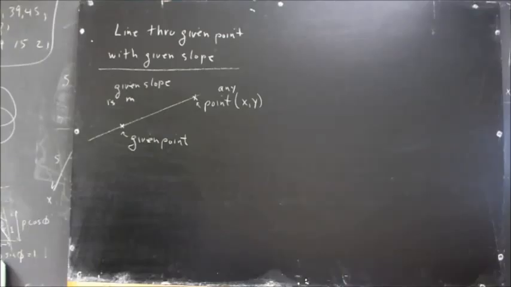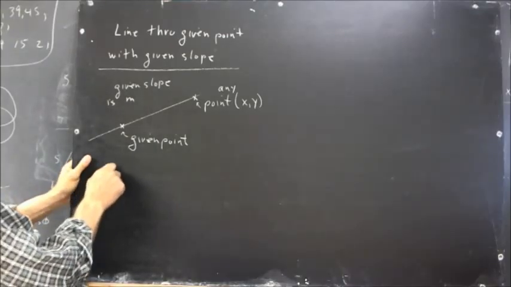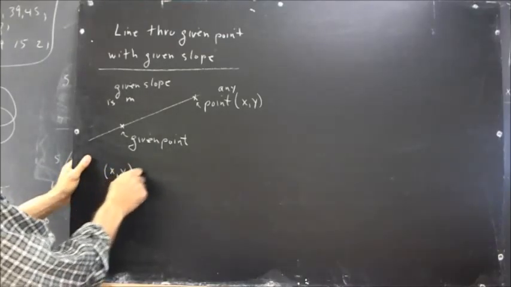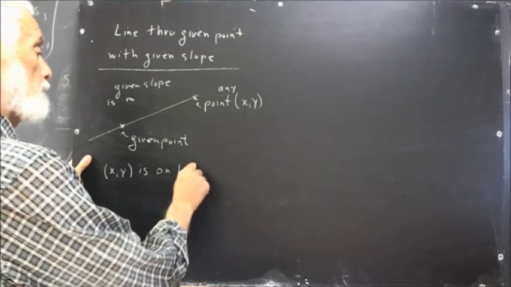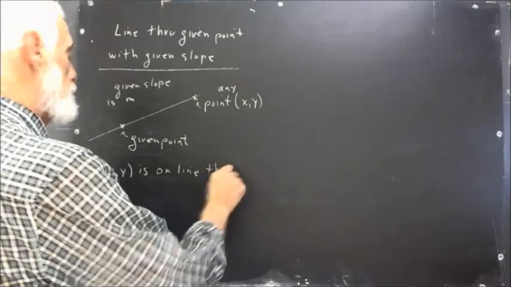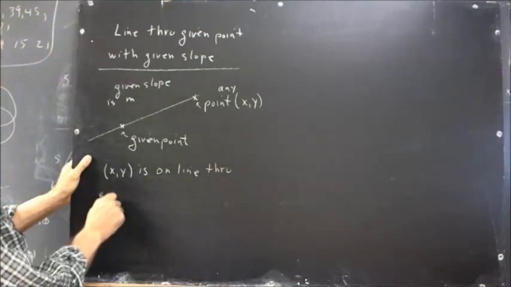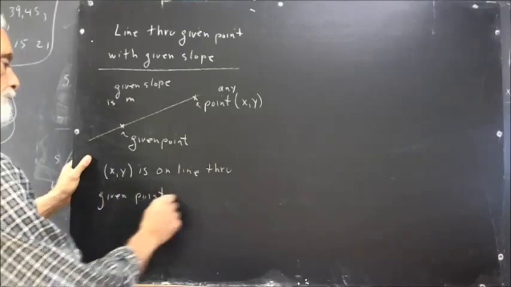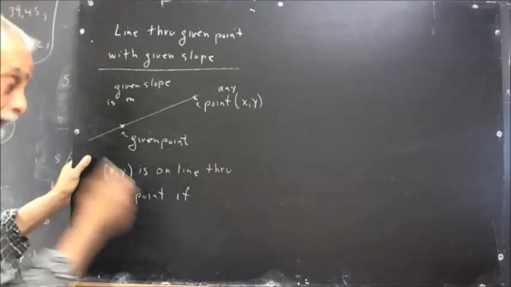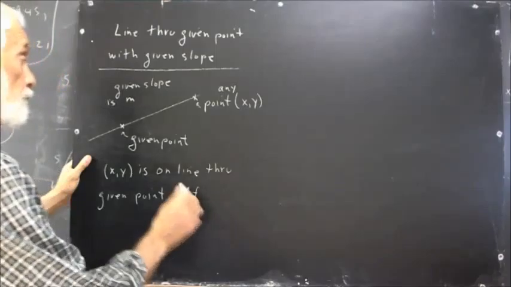Then I can say that xy is on the line through the given point if what? And only if. You can say if and only if.